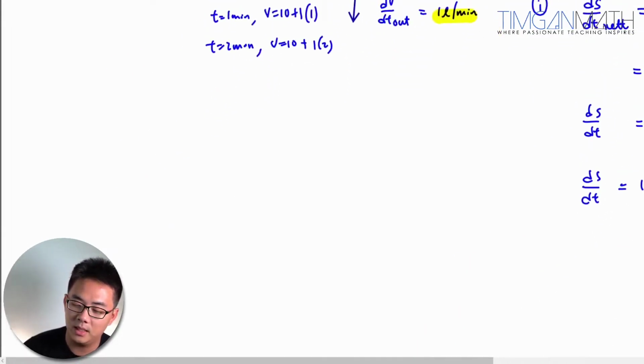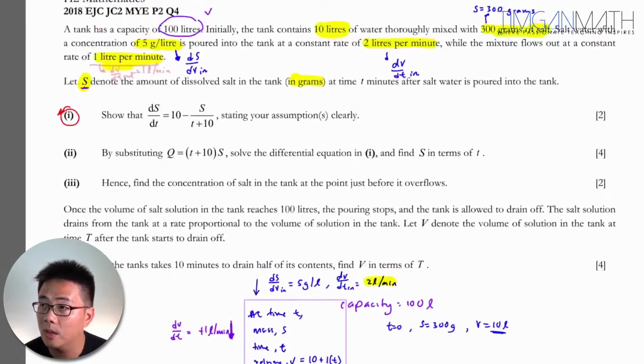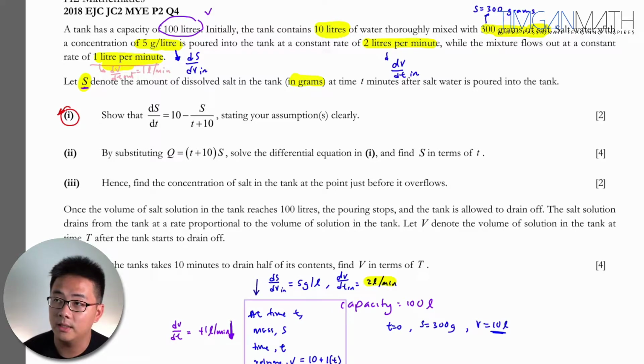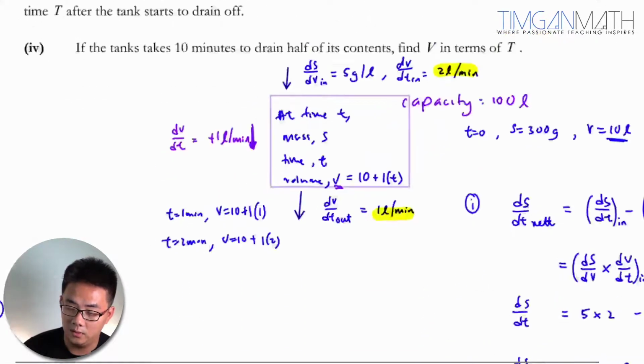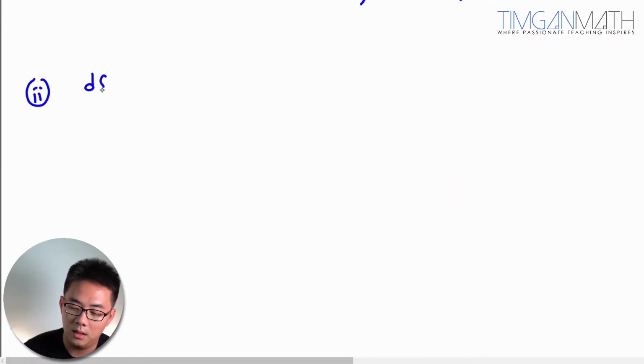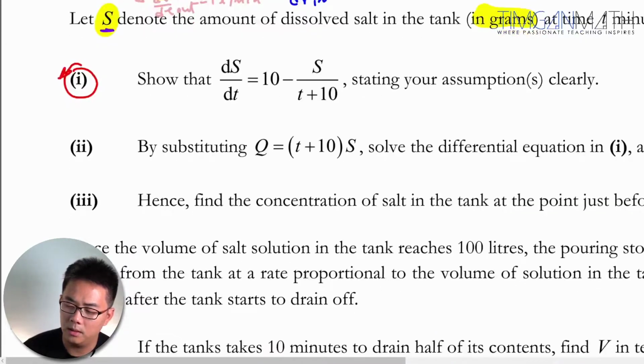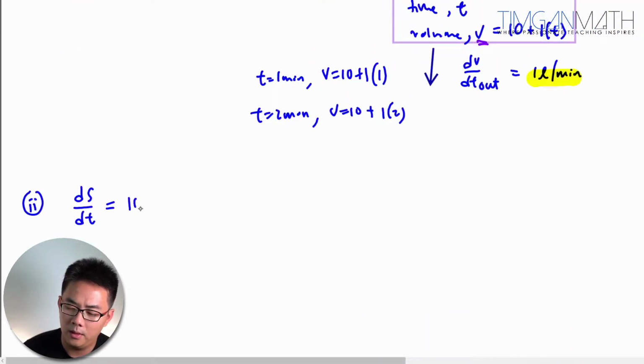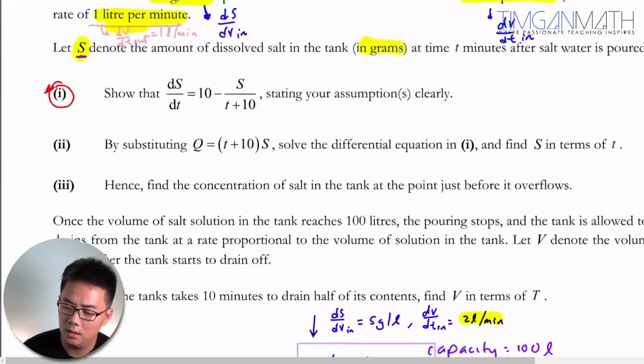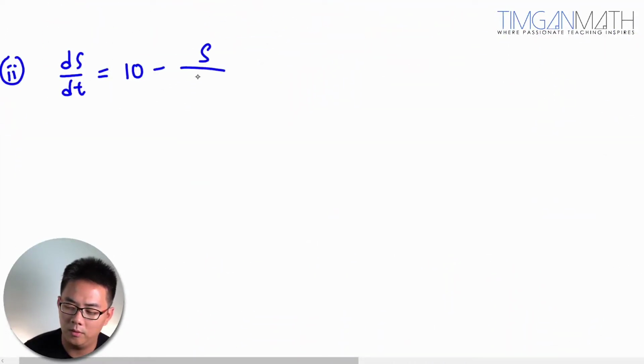The second part is basically asking you, by means of substitution, to find s in terms of t. So I'm just copying ds/dt equals (10 minus s) over (t plus 10).